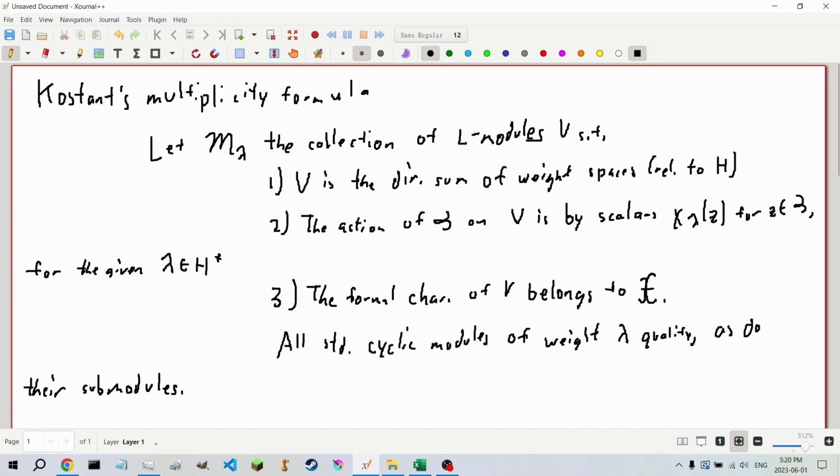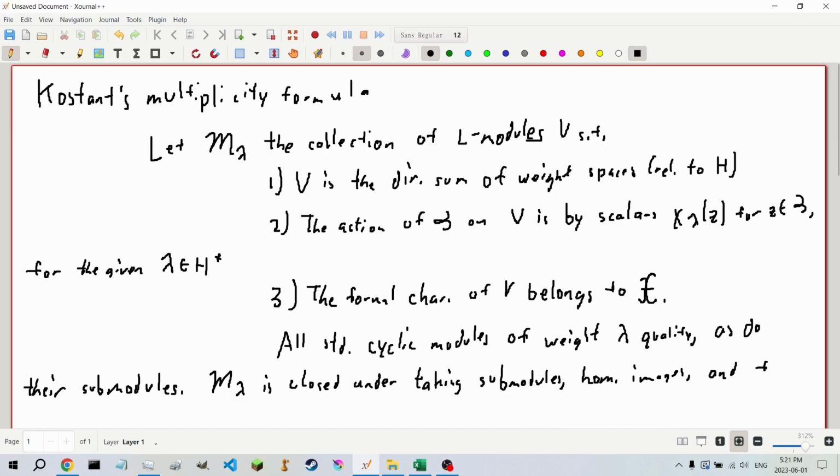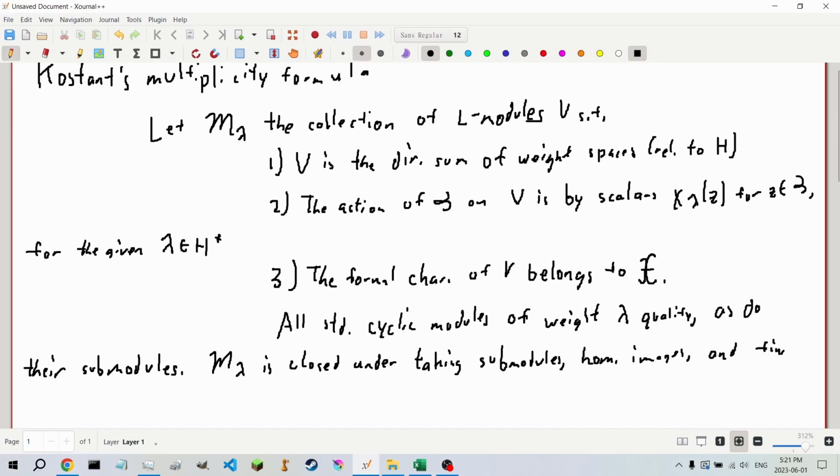And we see that M lambda is closed under the operation of taking submodules, taking homomorphic images and taking finite direct sums.